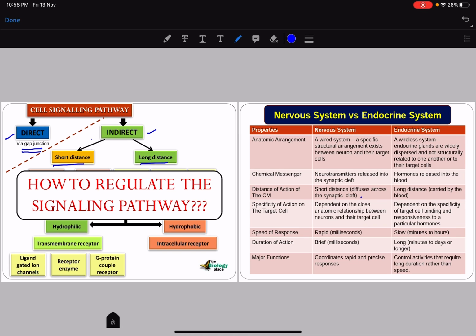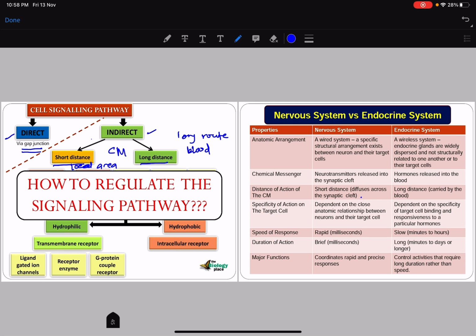Long distance will involve a long route, involving blood circulation. Short distance is like a local area, not too far. But both of these indirect cell signaling pathways involve chemical messengers.